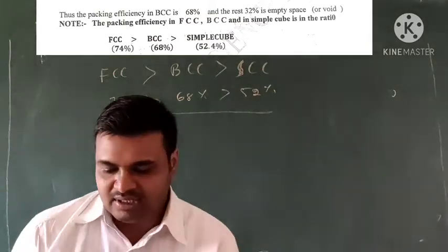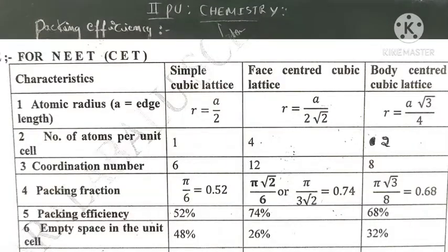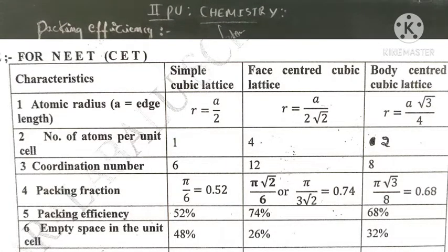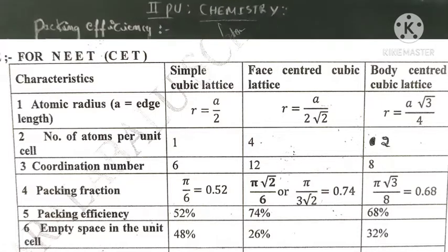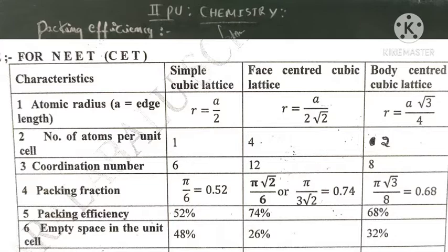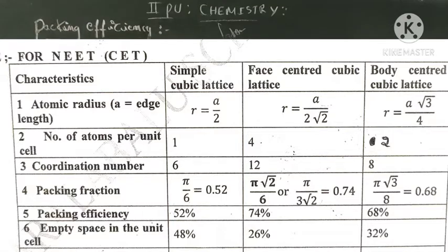So now see this chart. This chart was introduced to help understand very easily, and it is very important to note. The characteristics are for the simple cubic lattice, face-centered cubic lattice and body-centered cubic lattice.